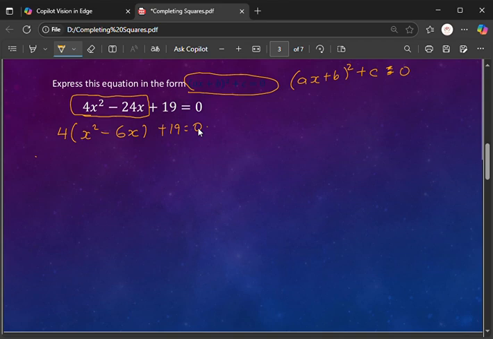Now we are going to complete the square for this. So remember, halving the coefficient of x, beg your pardon. So now we have x minus 3, because halving 6 we get 3, but then it has to be squared.